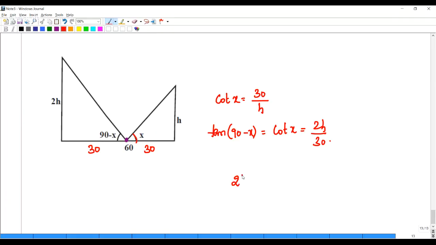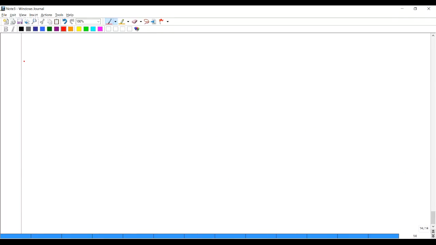So you can say 2h square equals 900. H square equals, or h equals under root of 450, which is 15 root 2. So the two towers' heights are 15 root 2 and 30 root 2. That is 64 for you. 65.